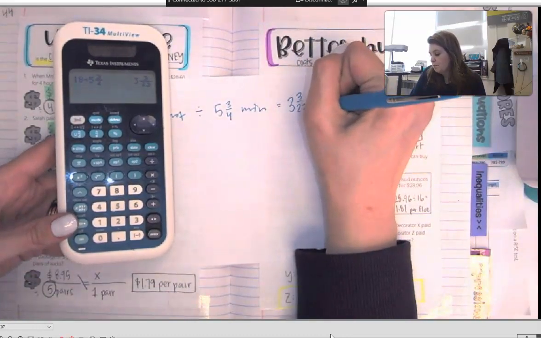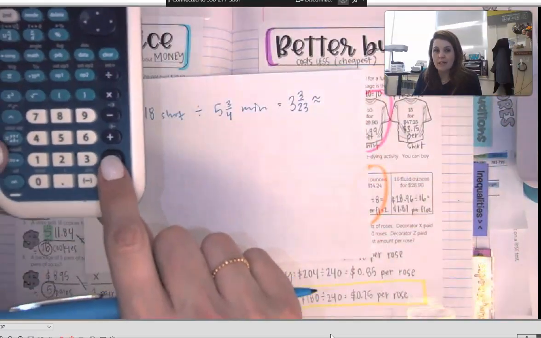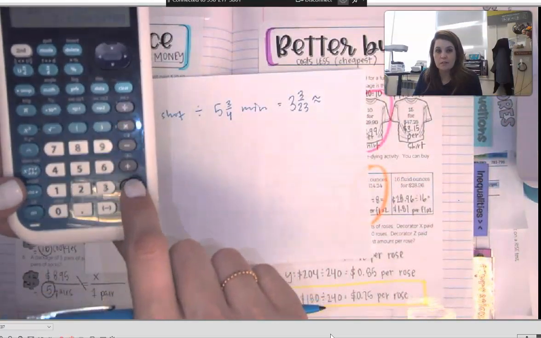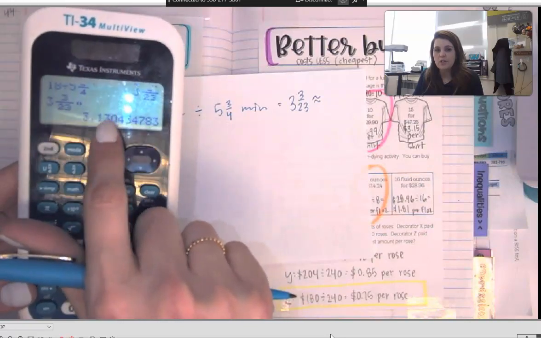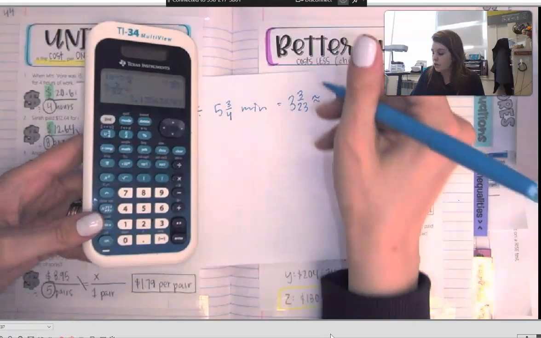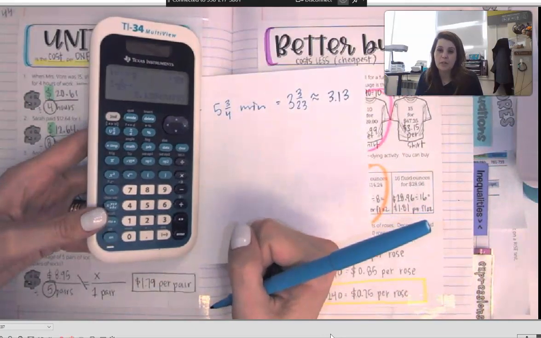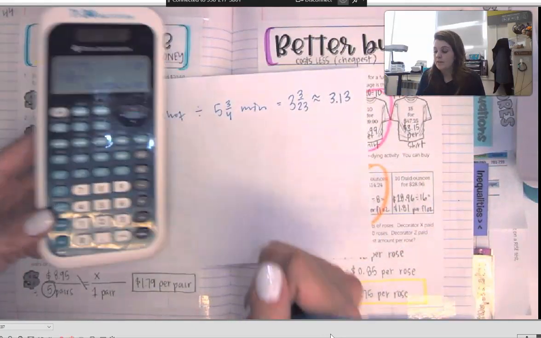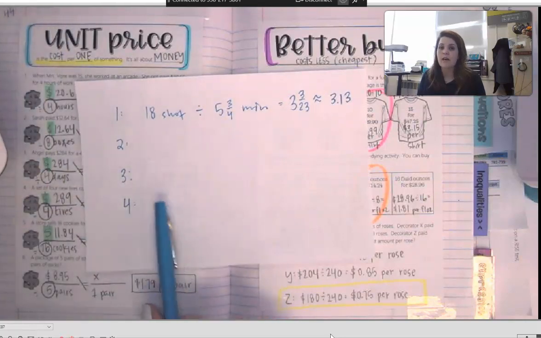I'm going to have to compare these though, so I'm going to change this to a decimal by hitting my convert button. I'm just going to write this down so it looks like money, and I'm not even going to worry about rounding. So I'm going to write this as 3.13. And then I'm going to do trial 2, 3 and 4.